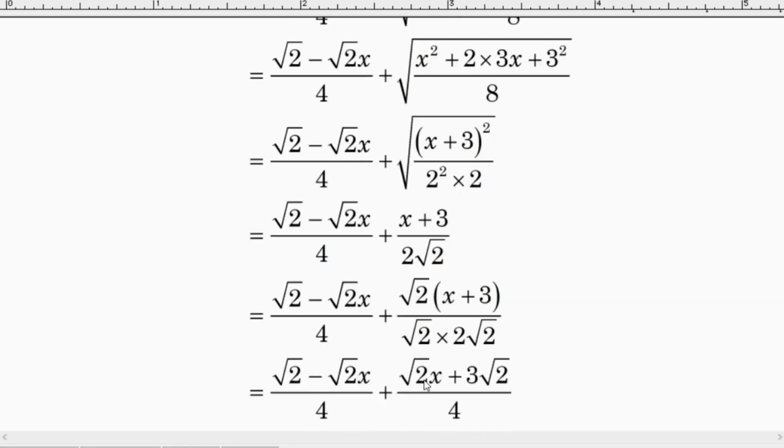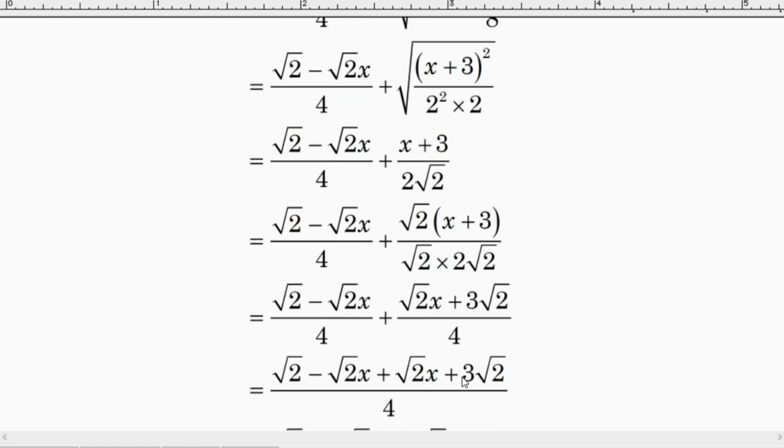So then here is equal to 4, and I have already expand this factor, so that will be equal to like this, equal to this. Okay, so now we put the same denominator, square root of 2 minus square root of 2x, and then plus square root of 2x, and then plus square root of 2, all divided by 4.